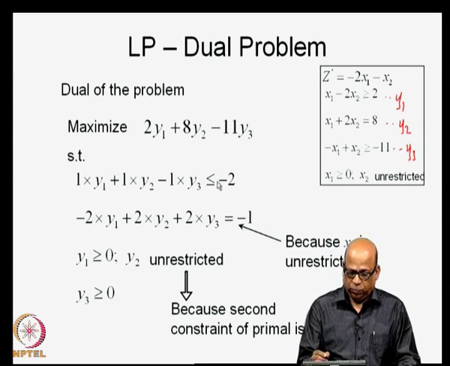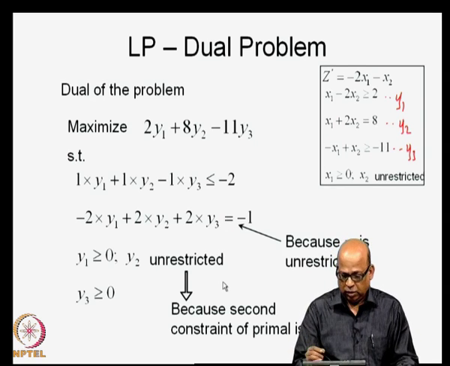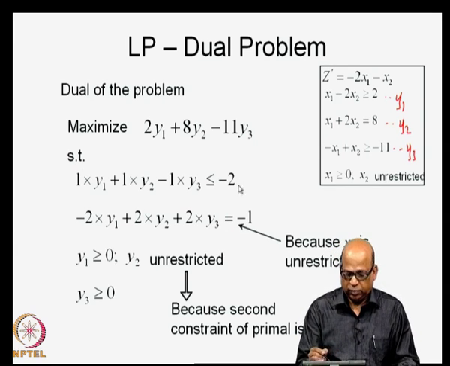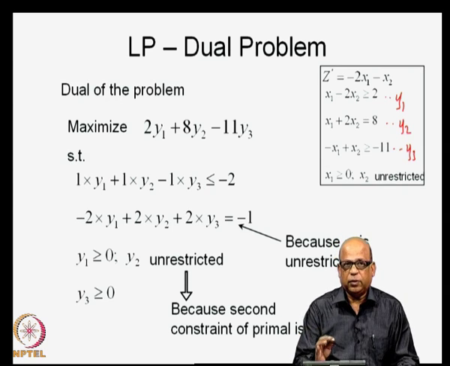Why less than or equal to? Because it is a maximization problem. So, we are expressing the dual problem as maximize with all less than or equal to constraints. So, this is how you write the first constraint. Remember, the first constraint of the dual problem corresponds to the first variable in the primal problem, namely x1.